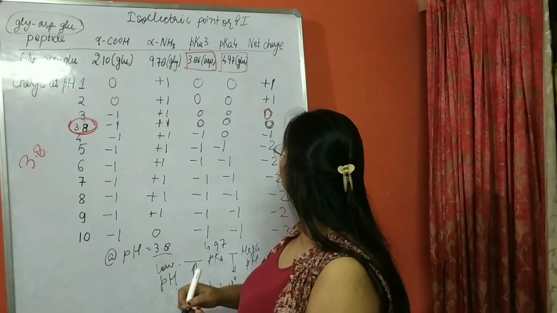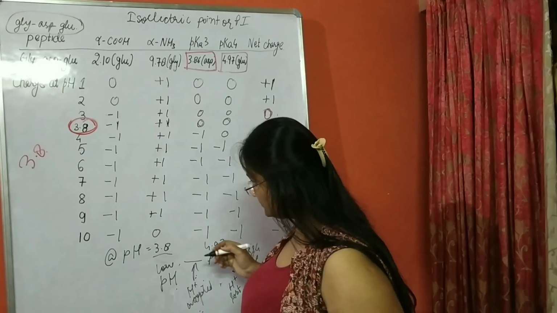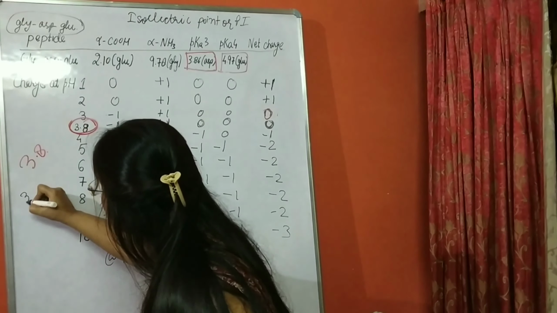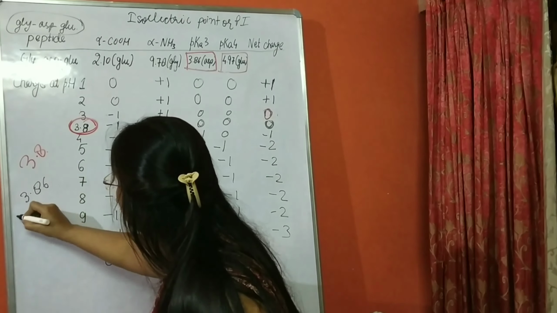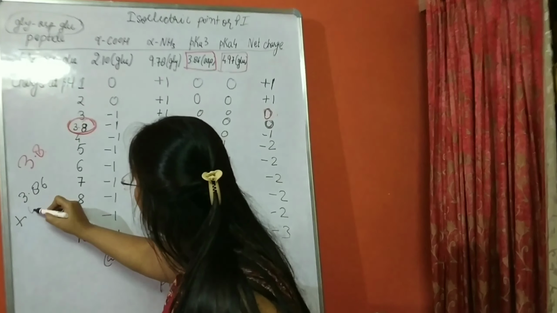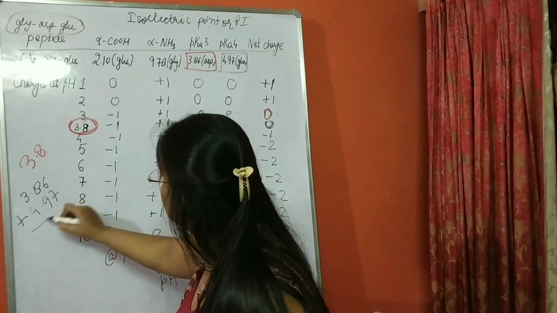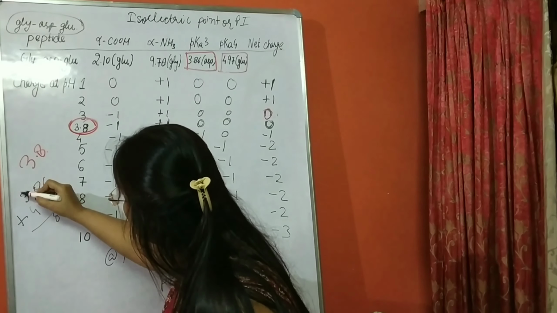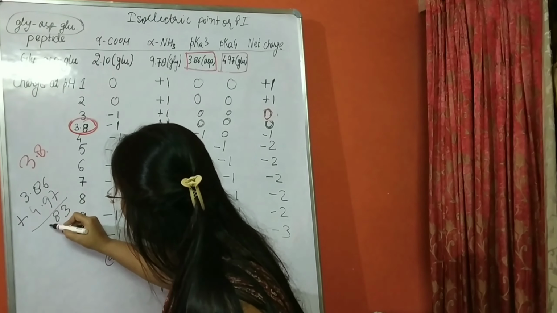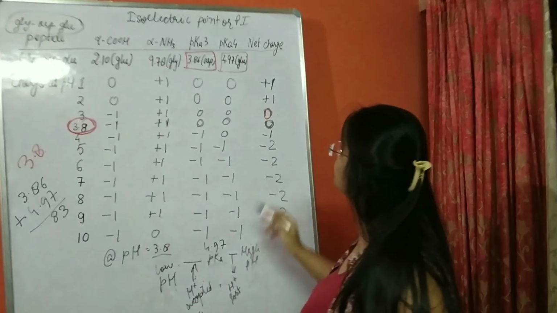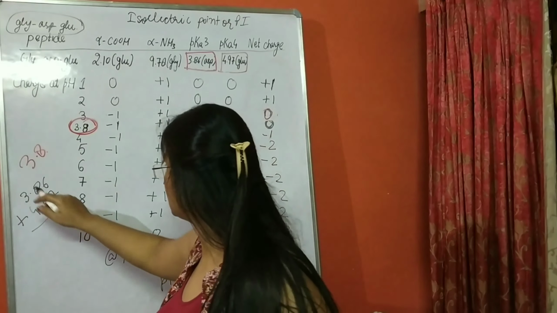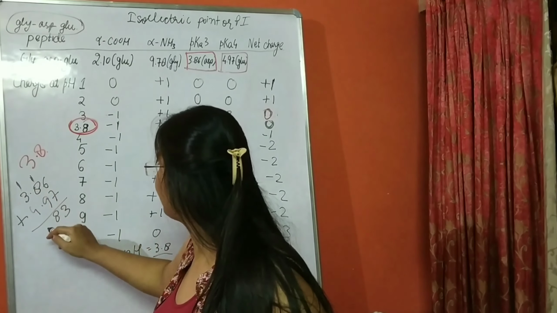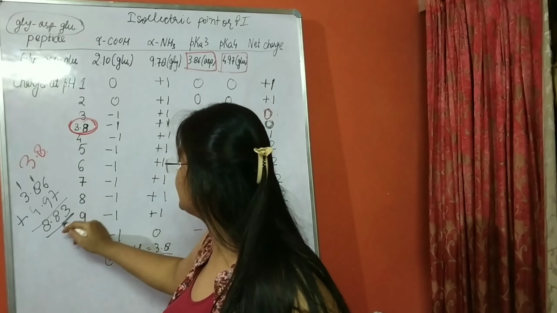So let us do the total. 3.86 plus 4.97 is 8.83.